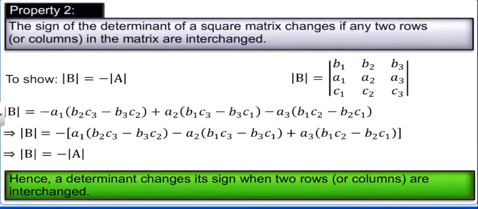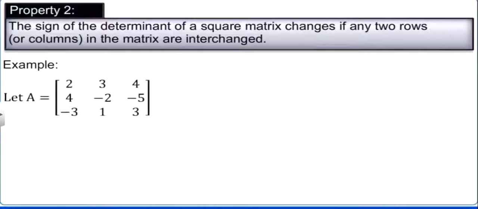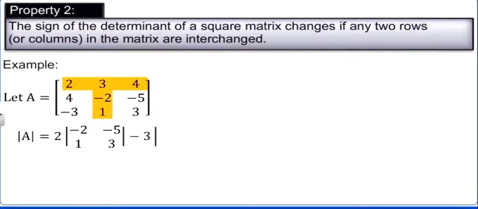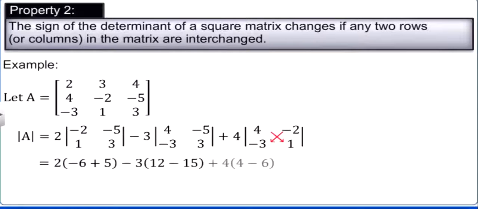Let us now verify it by taking an example. Let A be a 3 by 3 square matrix as shown. On evaluating determinant A along the first row, we get its value equal to -1.